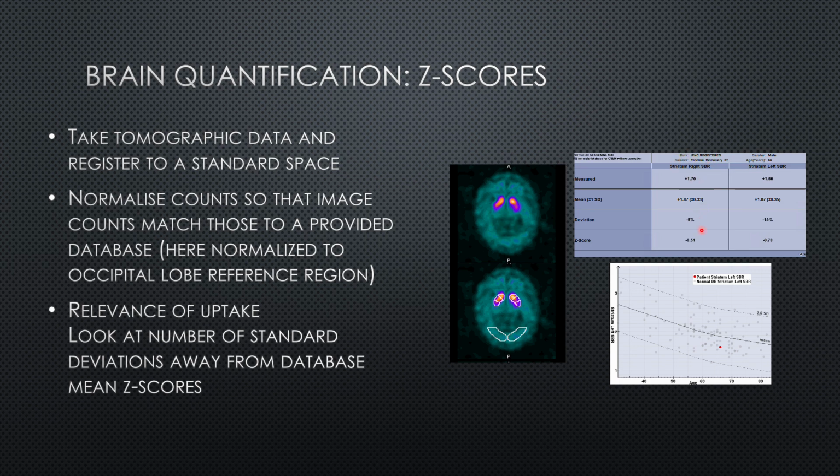But we can also relate this to an age-related normal database and give a Z-score. So we can see the database actually in reality here with the various points on it, the mean, the two standard deviations, and you can see that for this particular measurement, it sits within the normal range, and this is why the Z-score is less than two standard deviations, where you would normally see a significant difference.